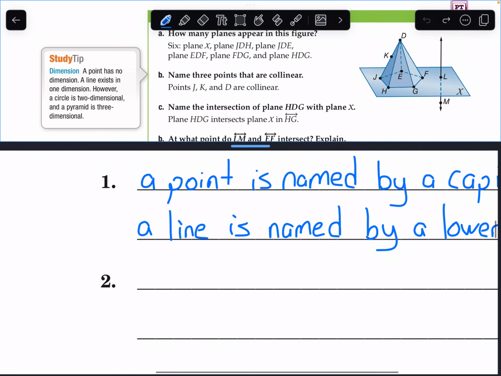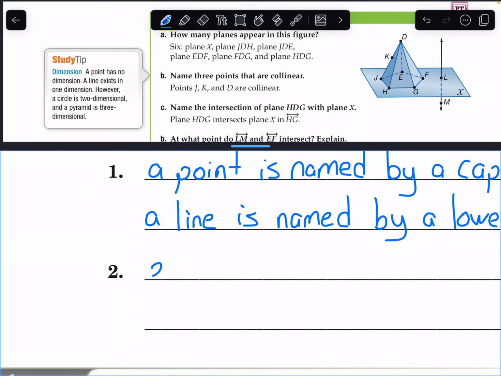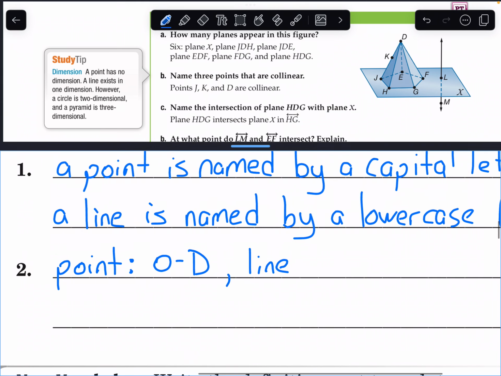Here we've got a point is 0D. Okay. A line, let's change this to a colon so I'm not using the same symbols too redundantly.